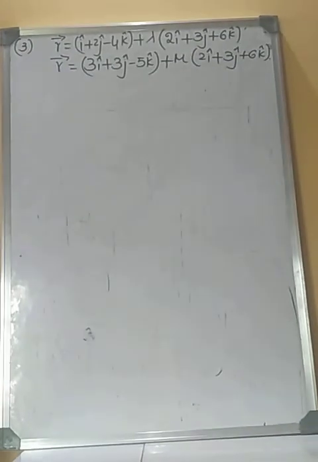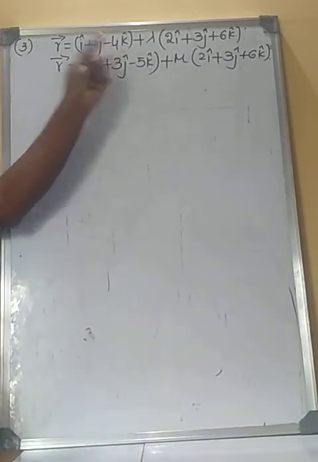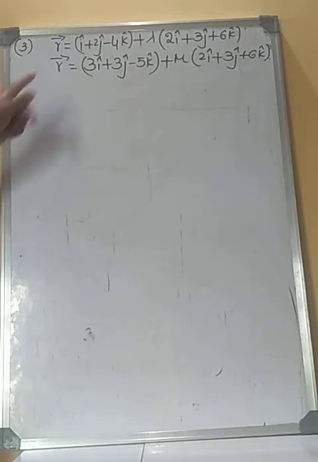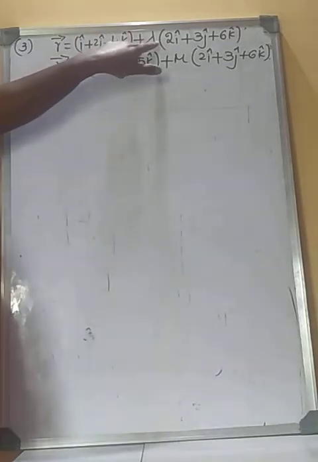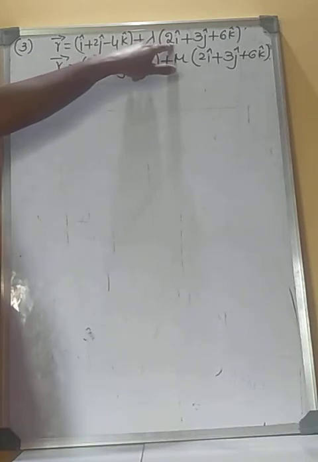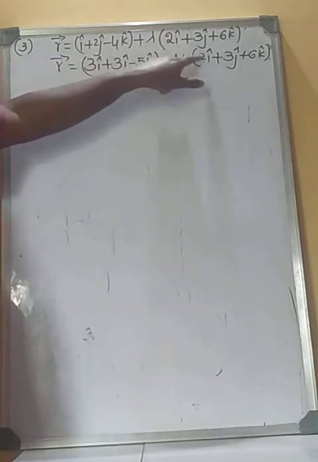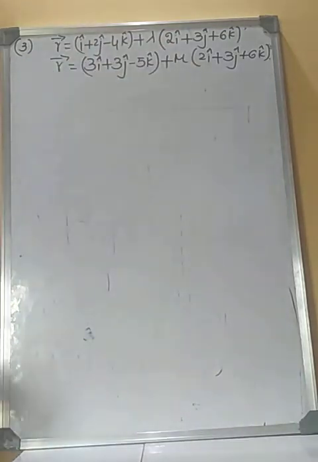So find the shortest distance between the lines, or distance between two parallel lines. Here the line 1 and line 2 vectors b1 and b2 are the same, so we use the distance between parallel lines formula.